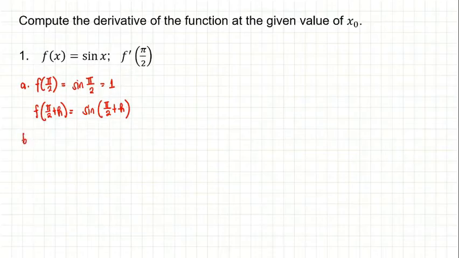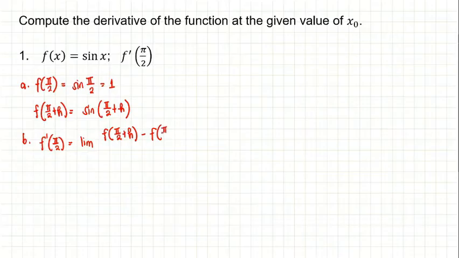So we now have the derivative, that is f prime of pi over 2, and that is equal to the limit of f of pi over 2 plus h minus f of pi over 2 all over h as h approaches 0.